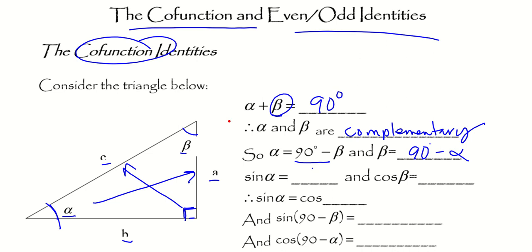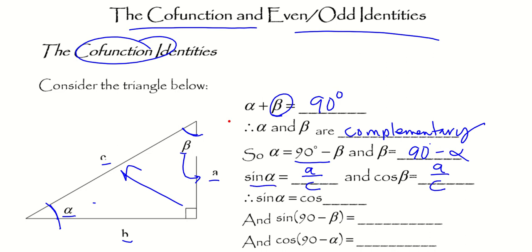So the sine of alpha in this case would equal A over C. If we want to find the cosine of beta, we know that the cosine is found by taking the adjacent side, and the side adjacent to angle beta is side A, and dividing that by the hypotenuse, which is C. So the cosine of beta is also A over C.